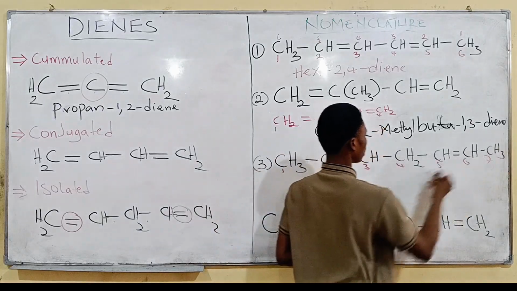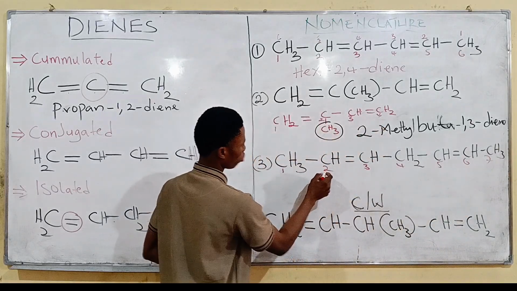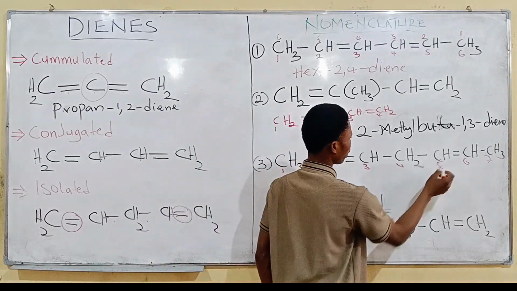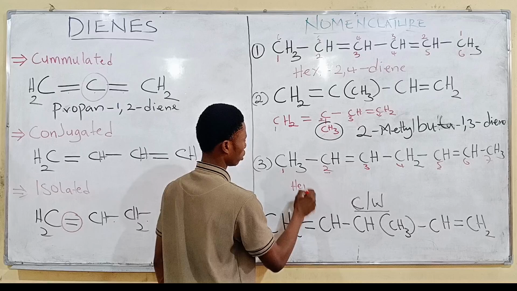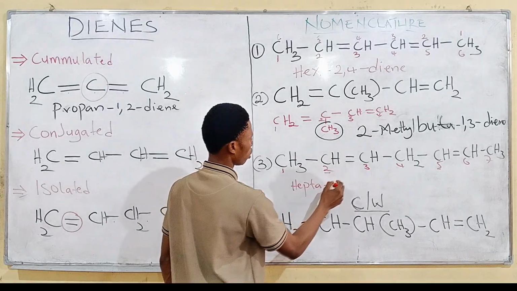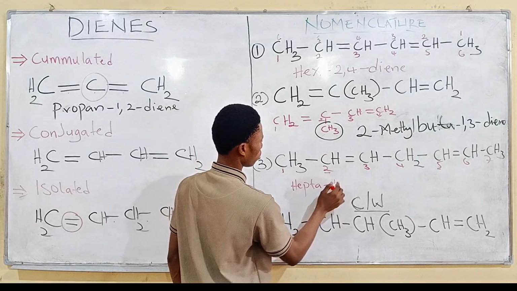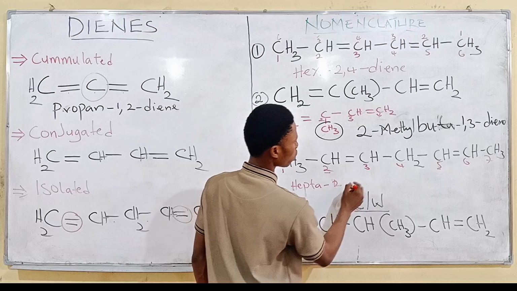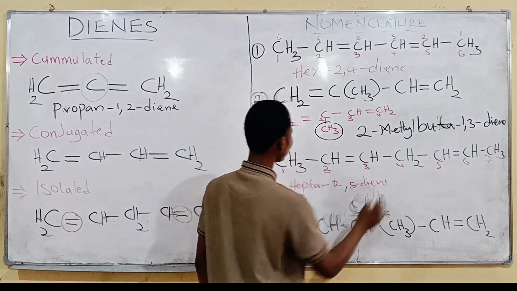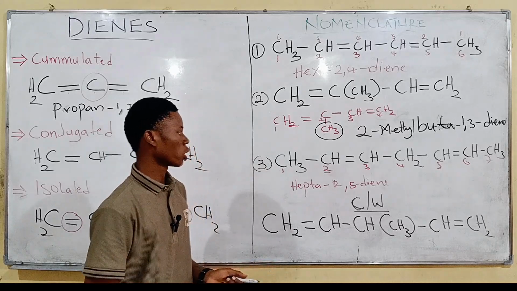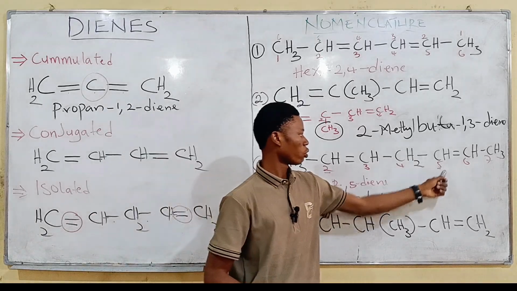All right. So this is 7. The double bonds are on carbon 2 and carbon 5. So 7 will be hepta. Hepta 2,5 diene, right? 2,5 diene, because the double bonds are on carbon 2 and carbon 5.